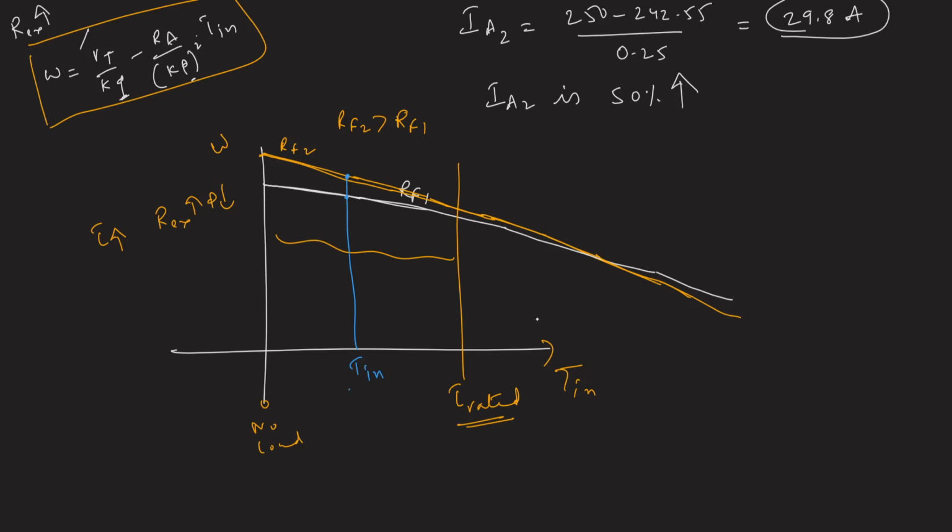So for the same load torque, the machine speed will increase and it will operate at higher speeds to develop the same torque. Earlier, without any external resistance, it was operating at this point. Now with the increase in external resistance, it goes to a higher speed value at this level. That is how you have to interpret it, right?